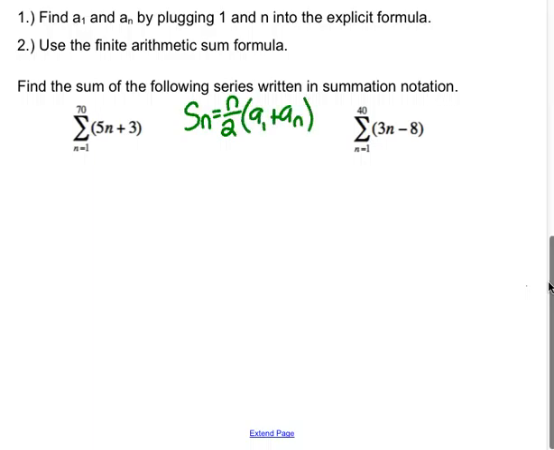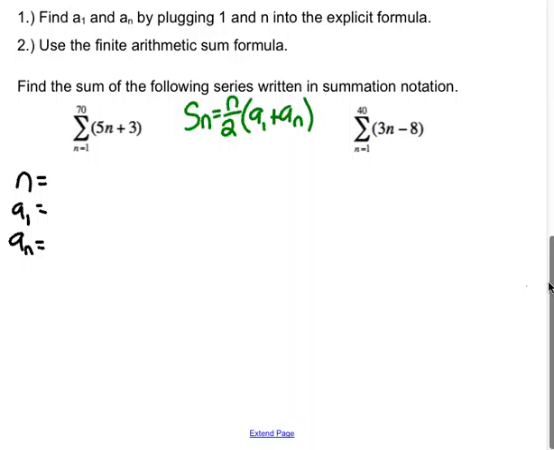It's asking us to find the sums using that formula. So of course the pieces we're looking for are exactly the same as they were before. I need n, I need a1, and I need an. Three things I need in order to plug into that formula to find the sum.